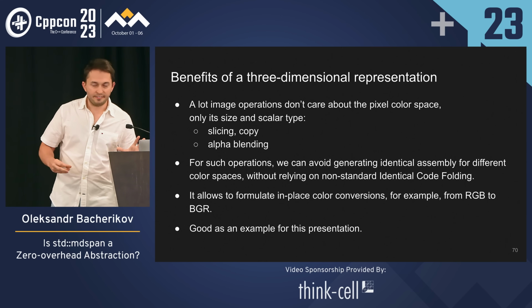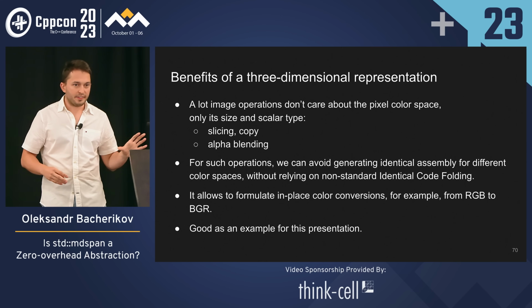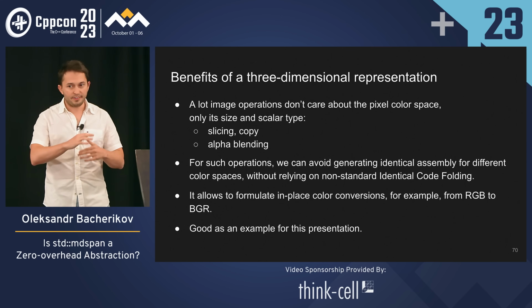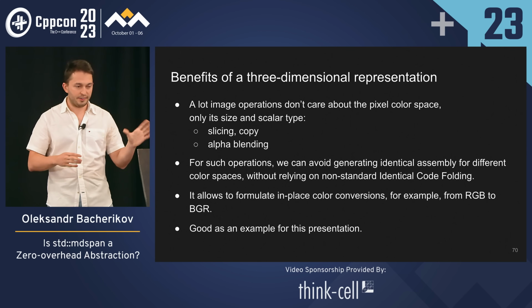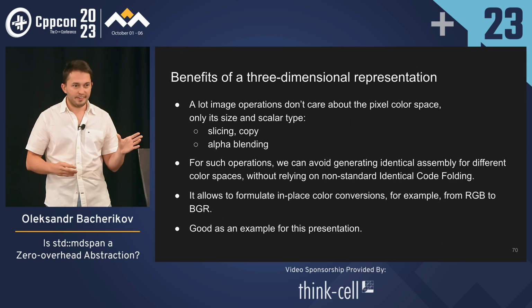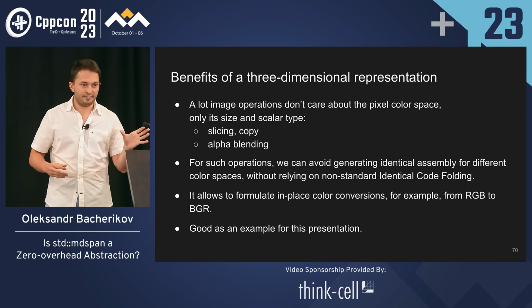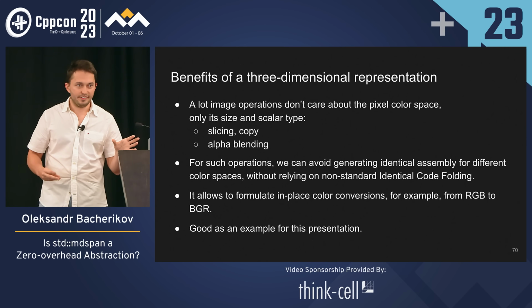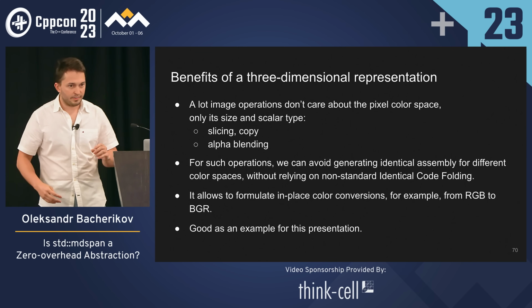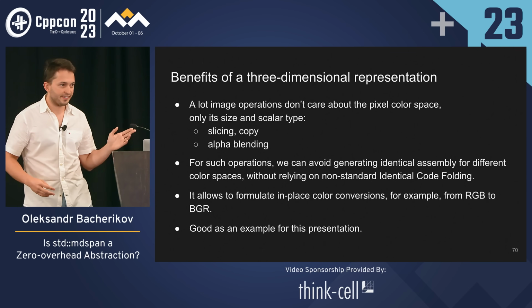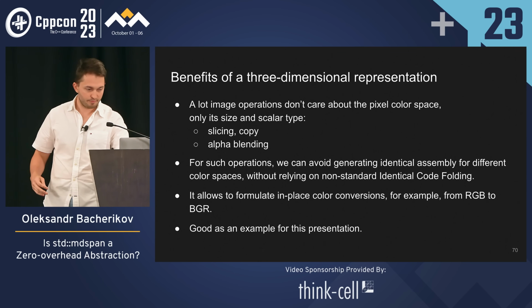Also, one interesting case is that it allows us to formulate in-place conversion of color spaces, say from BGR to RGB, which wouldn't make sense if you had a strongly typed RGB pixel in the image. And it's also just a good example for this talk, for higher dimensions.